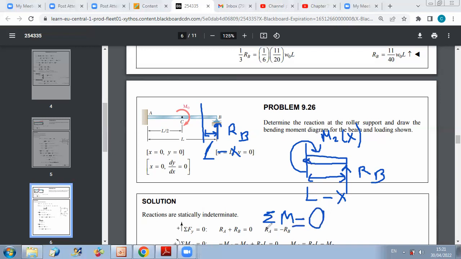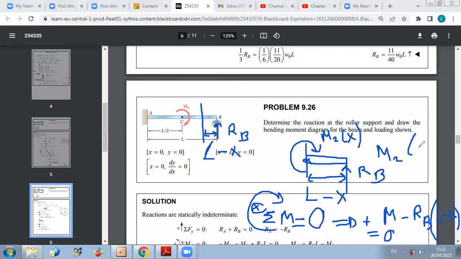If we take the clockwise direction as positive, it's plus M minus RB times L minus X equals 0. So for section 2, M2 of x is just RB times L minus x.